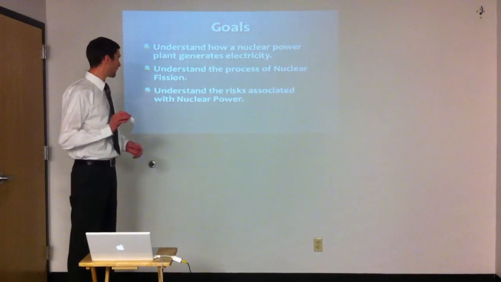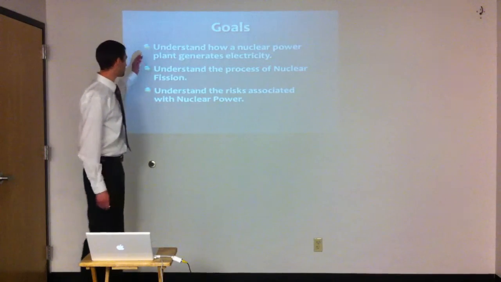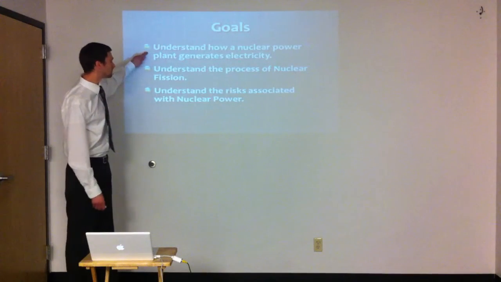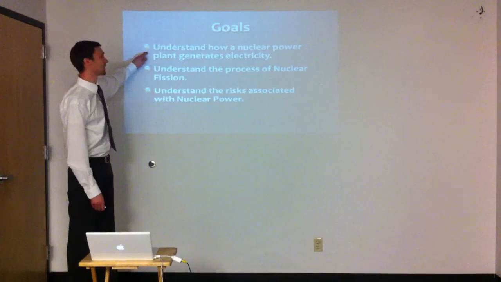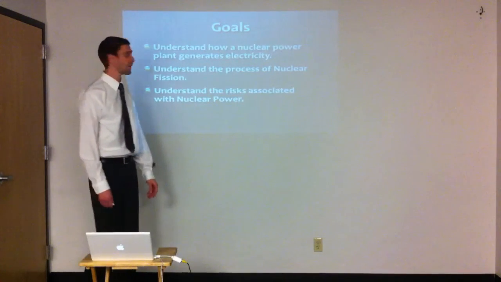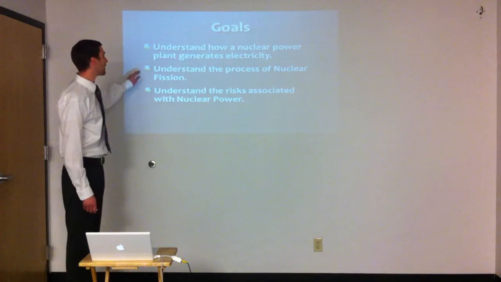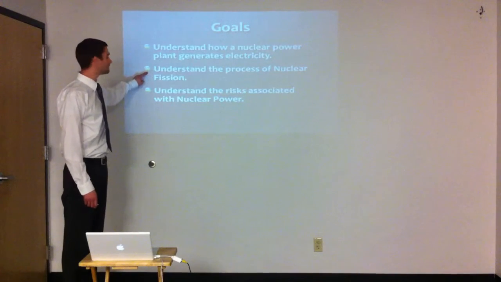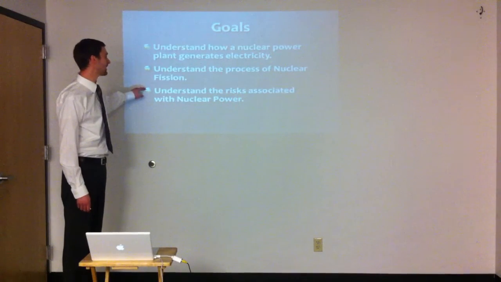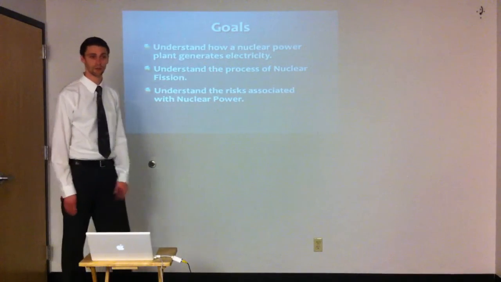Well, we're going to try to answer those questions and also help you to understand how a nuclear power plant generates electricity, also to understand the process of nuclear fission, and understand the risks associated with nuclear power.